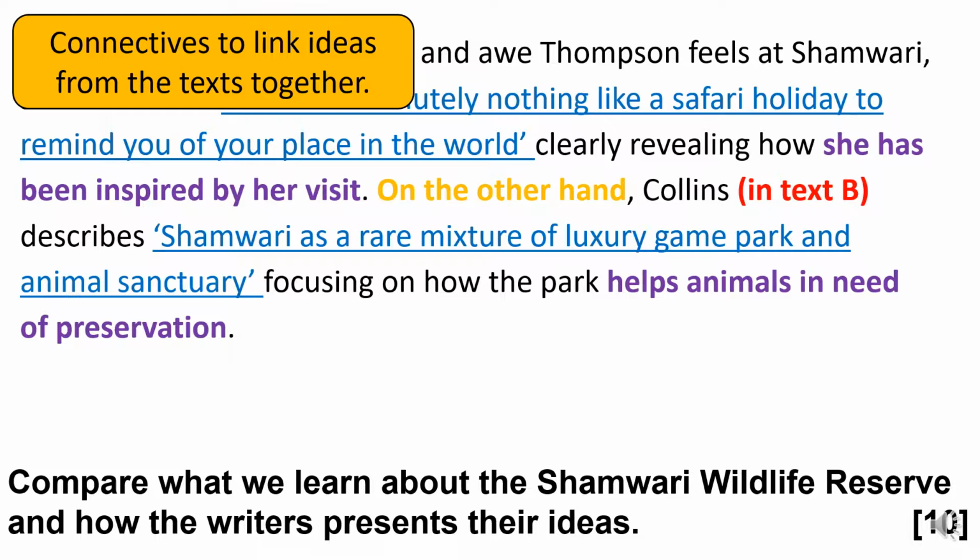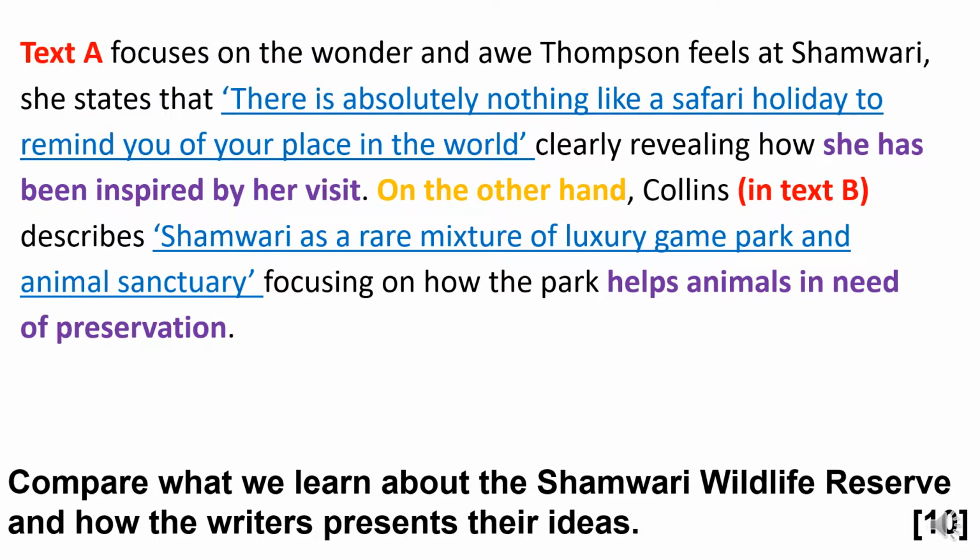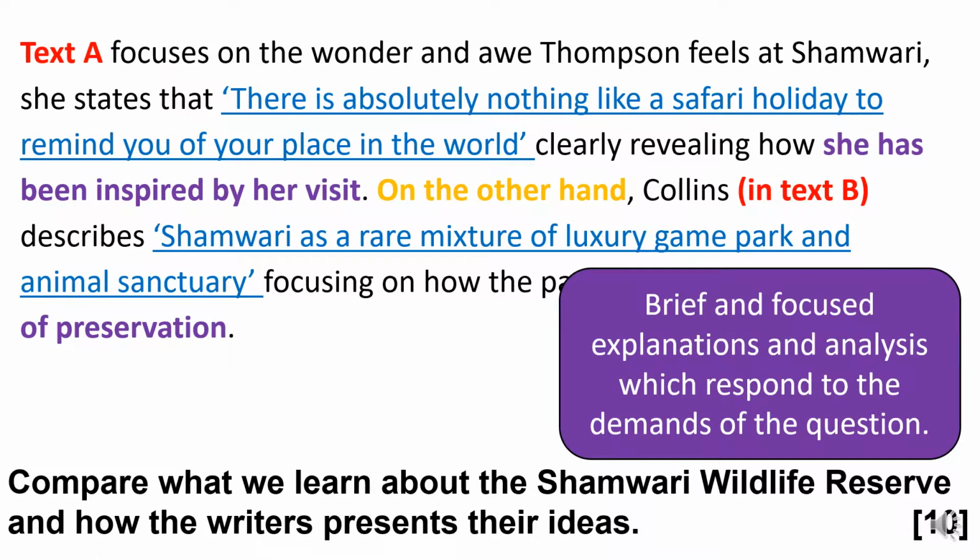So we are actually using the skill of compare and contrast to look at both texts through the same lens. And finally, and this is really important in the compare question, we are still analysing, still providing focused explanations which respond to the demands of the question. So we're commenting that in text A, Thompson reveals how she's been inspired by Tawe, whereas in text B, Collins is focusing on how the animal reserve helps those animals in need.